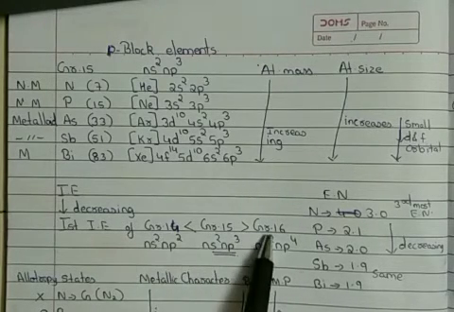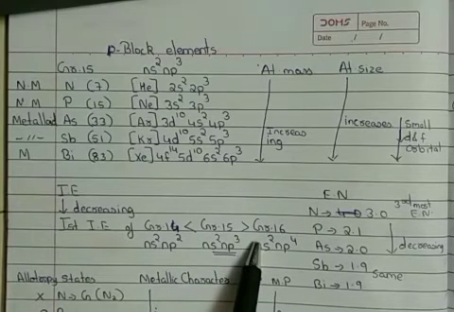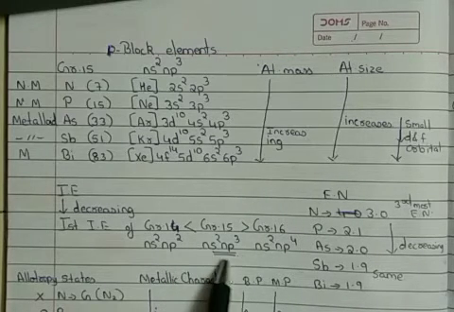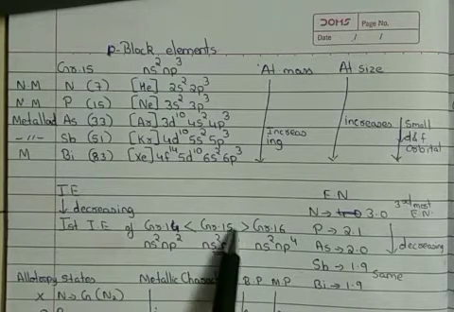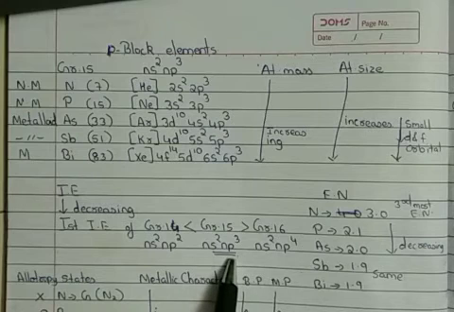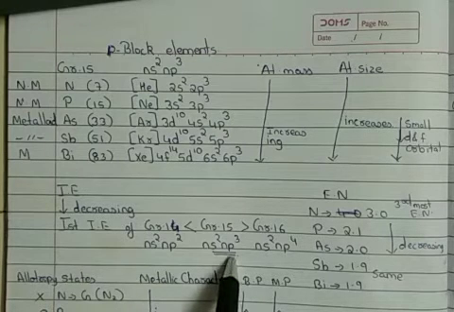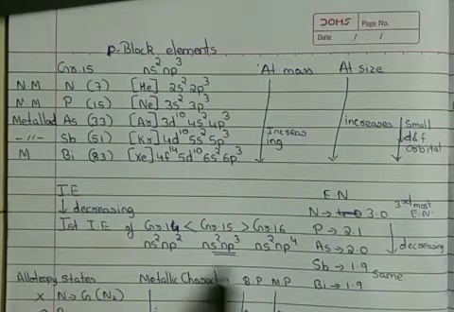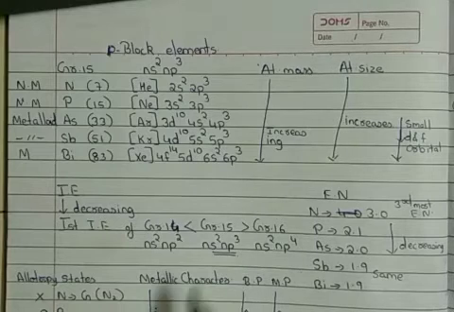The order will not be regular, but irregular. The reason is the half-filled electronic configuration of elements belonging to group 15, that is ns2np3. So again this question can come in give reason.